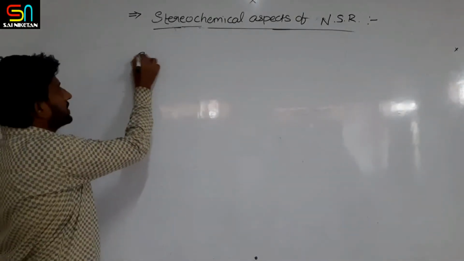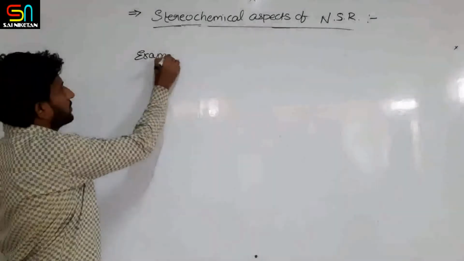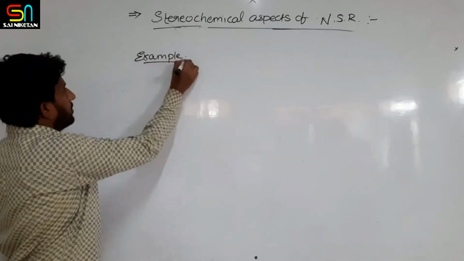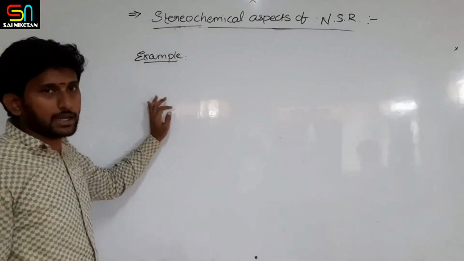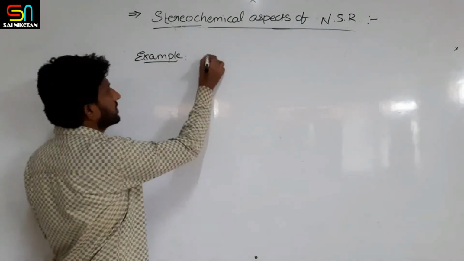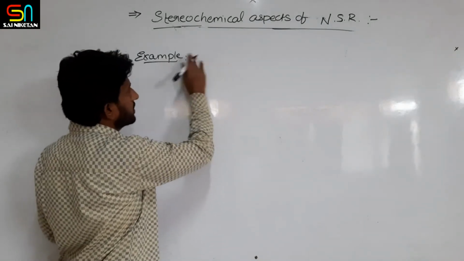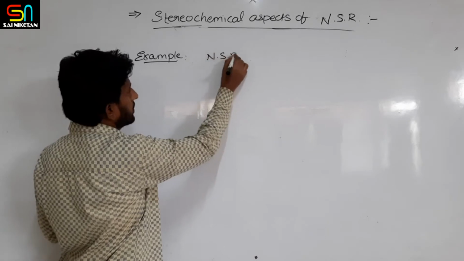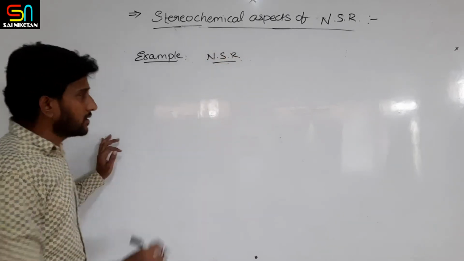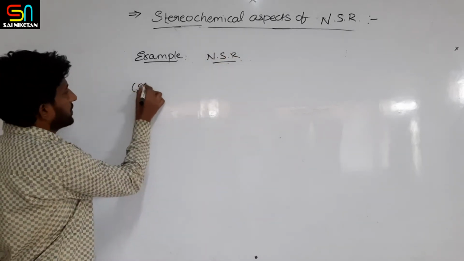Now we will see one example of an optically active alkyl halide. Okay. In SN reactions, nucleophilic substitution reactions, S-2-bromobutane.